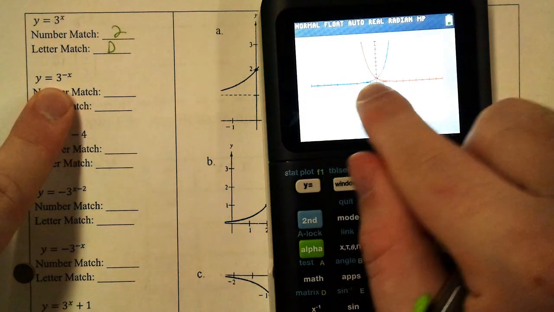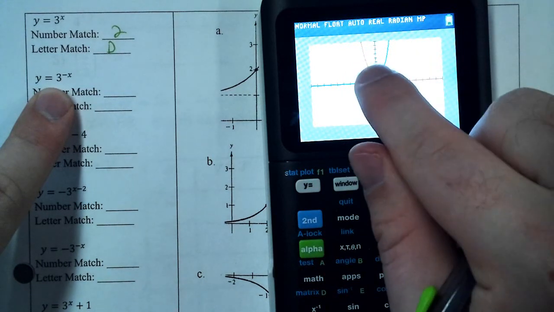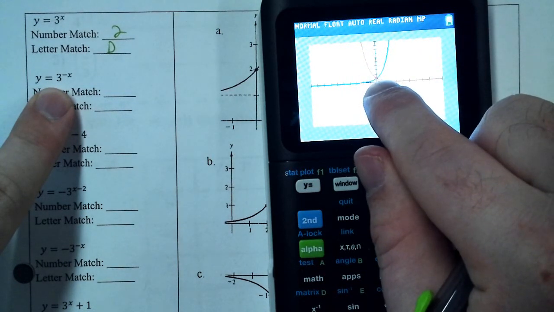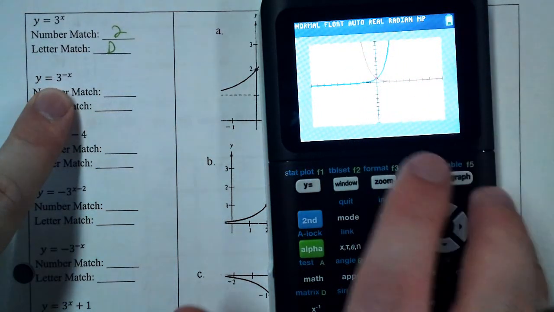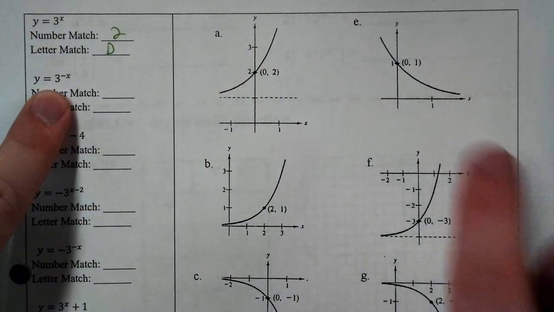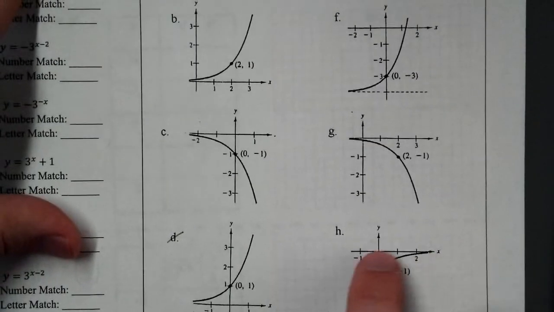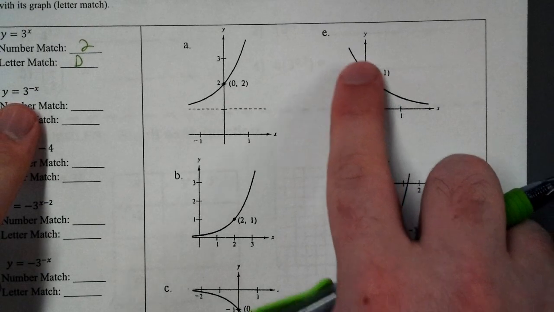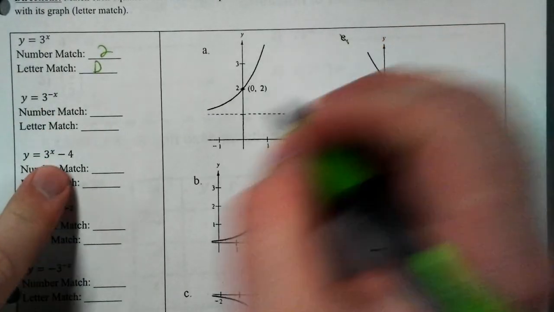Now, we still have our blue line. Our red line looks like it's going the other way. It still goes through (0, 1), and it starts out high, and then it goes low. So I need to see the ones with (0, 1). Here's one, and that's the only other one, and yes, it is going the correct way. So this is going to match up with letter E.